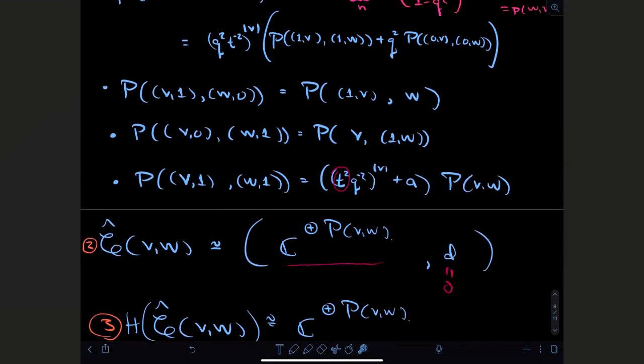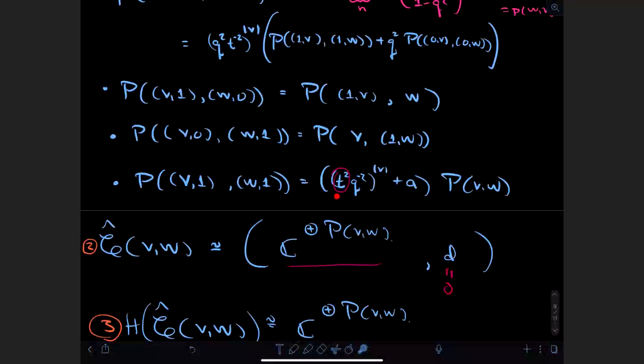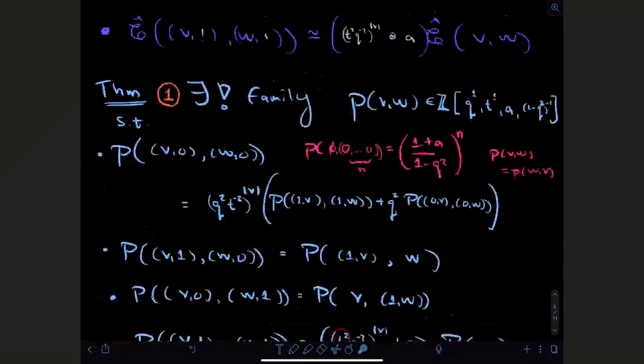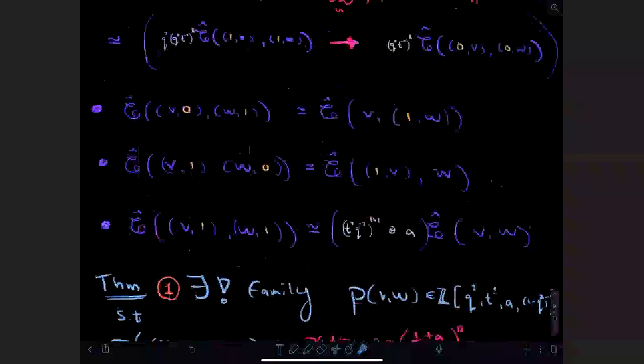And the thing to observe is that the only powers of t that appear anywhere are even. So this is t squared, and this is t to the minus 2. So whatever this vector space is, it's supported in even cohomological degrees, and so the differential is 0 for degree reasons. We picked up some mysterious differentials each time we applied the recursion, like each time we applied this step.